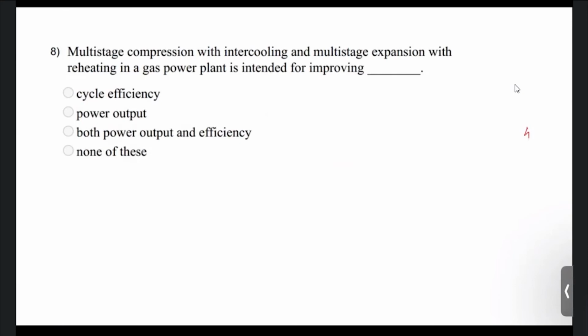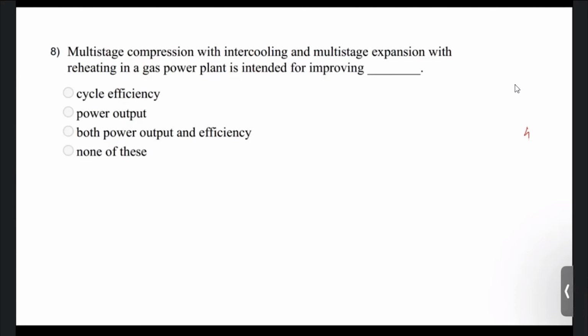Here the next problem is: the multi-stage compression with intercooling and multi-stage expansion with reheating in a gas power plant is intended for improving.